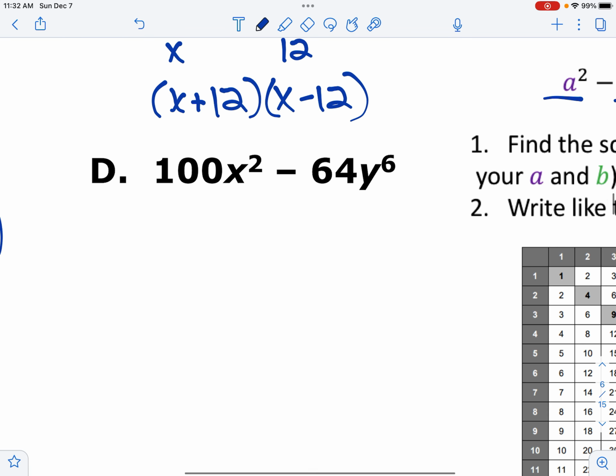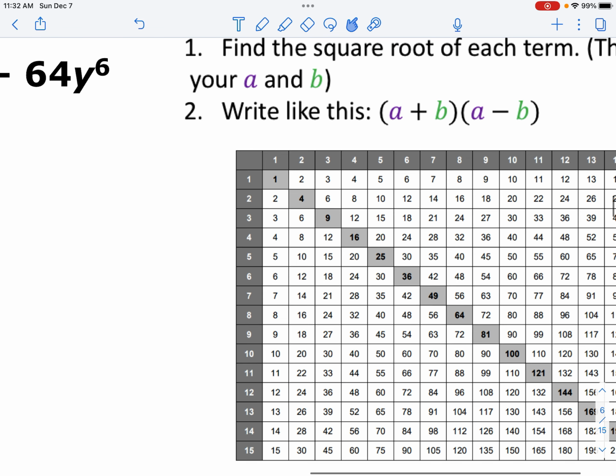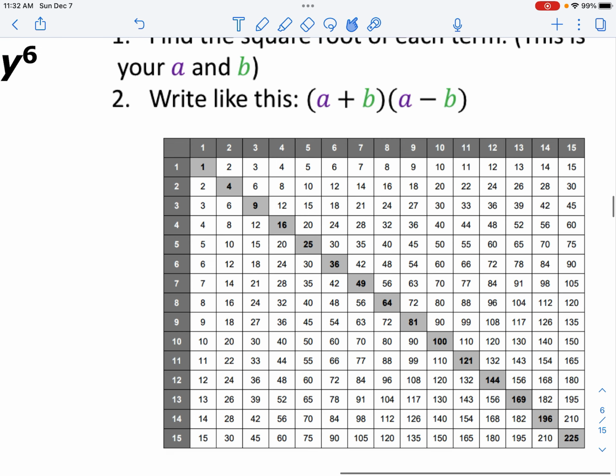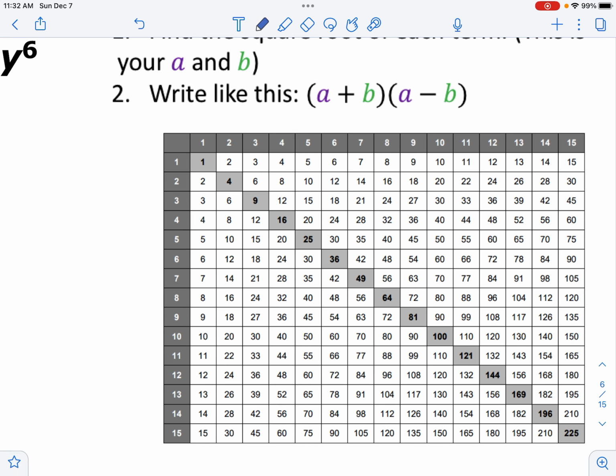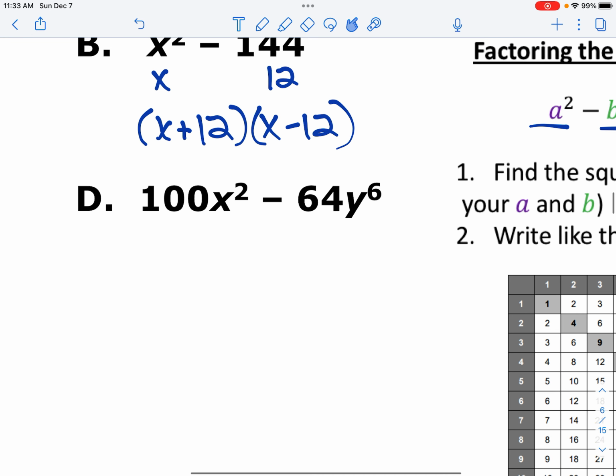Okay, 100 is a perfect square as well, right? Let's look at our chart. There it is. And the other one there is 64, so both of those are perfect squares. Now you look at the exponents, and you see x squared. Well, that's a perfect square as well.